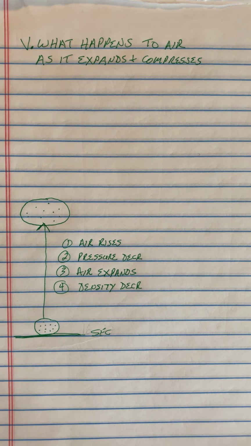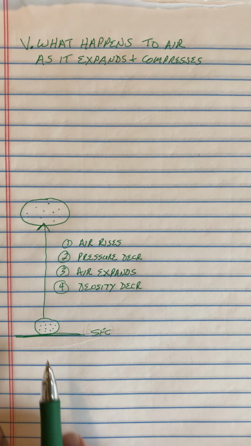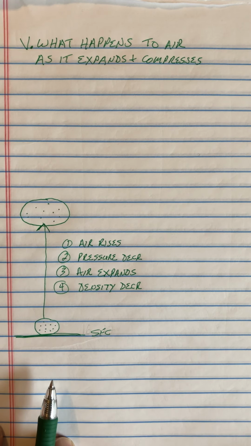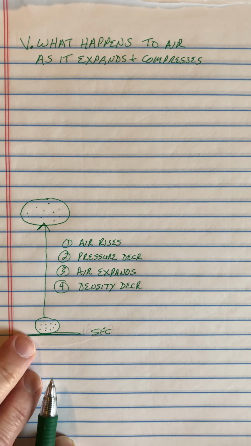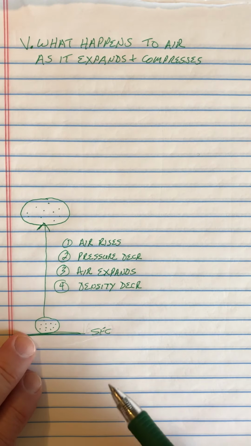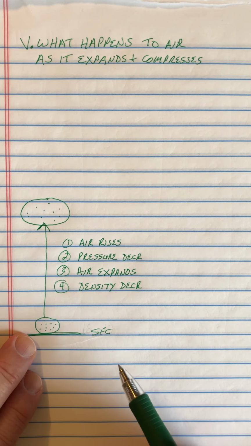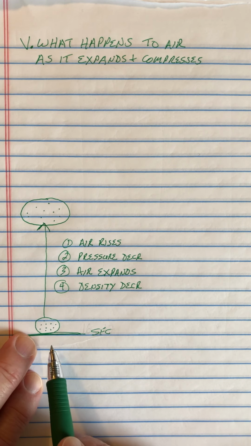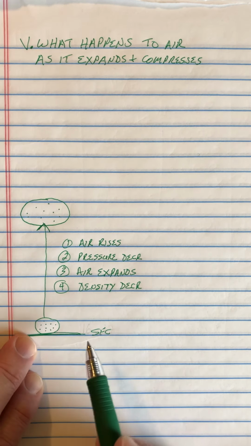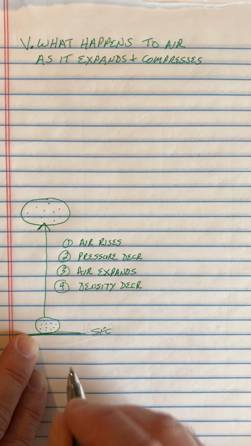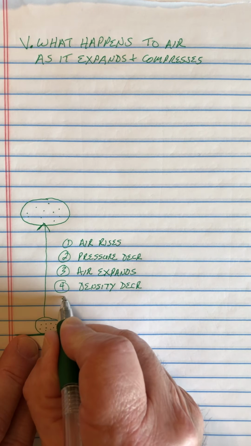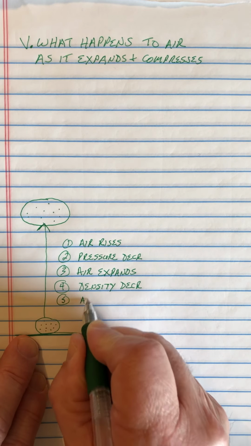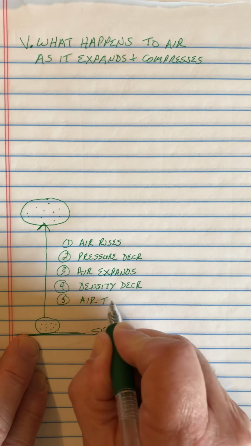So our mass or number of air molecules didn't change, but the volume of the air parcel got bigger. If the volume increased, but the mass or number of air molecules stayed the same, then our density decreased. And when our density decreases, then our air temperature is going to decrease.